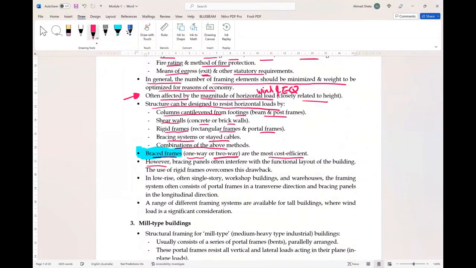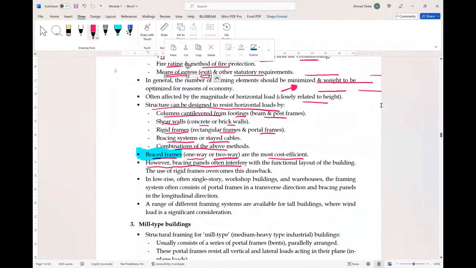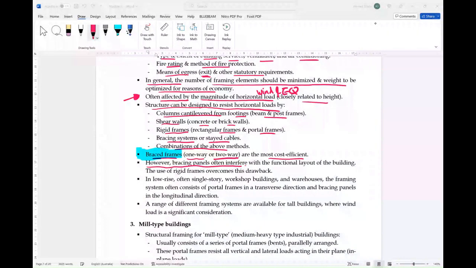However, bracing panels often interfere with the functional layout of the building.